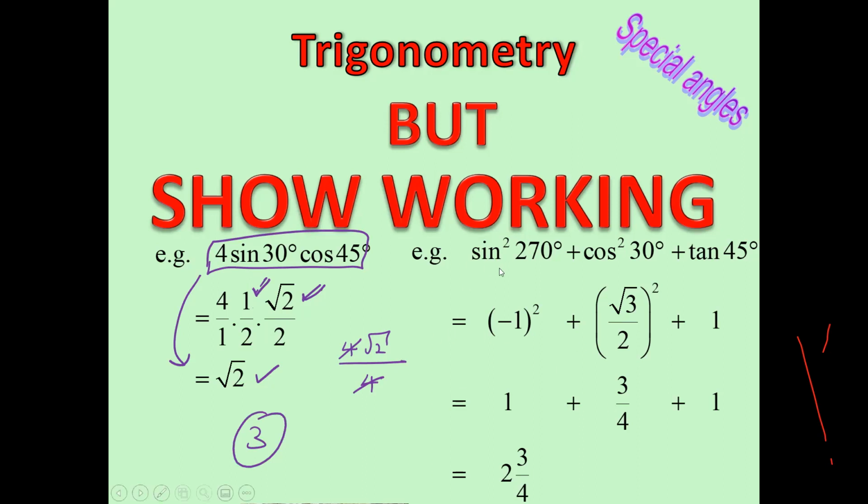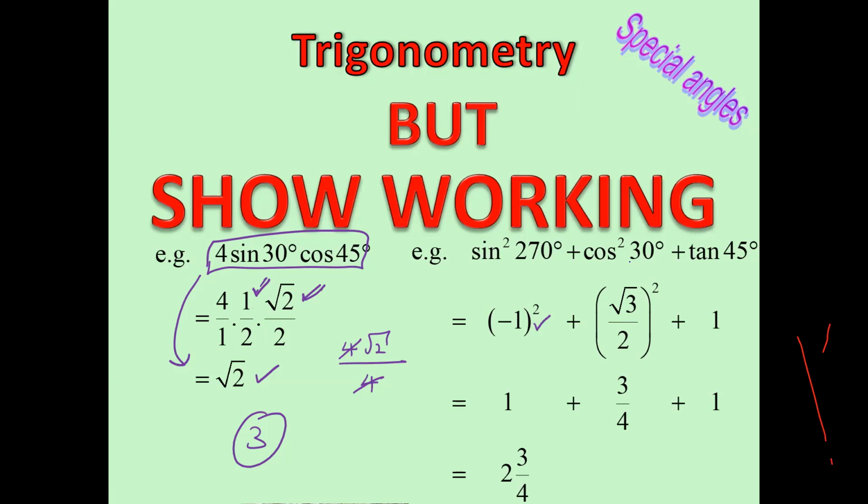Right. If we go to the next one, sine squared 270. So you're allowed to type your sine 270, not the squared. You'll type sine 270 on the calculator. Try it out. Do you get -1? Yes, sir. So you put -1 with a square now. If you put 1, you lose the mark. Then you go to cos 30.